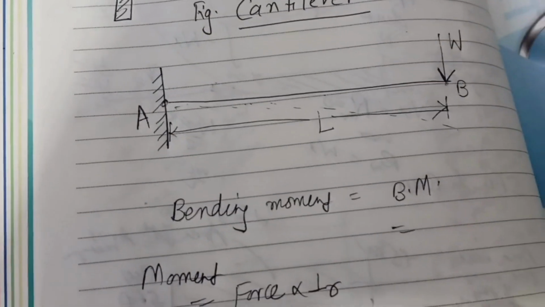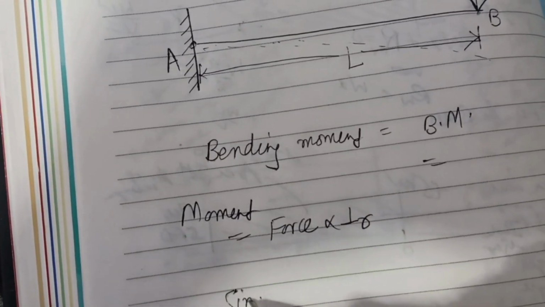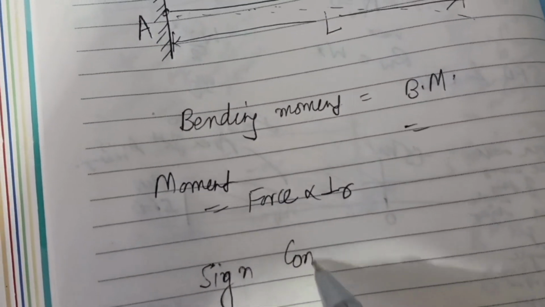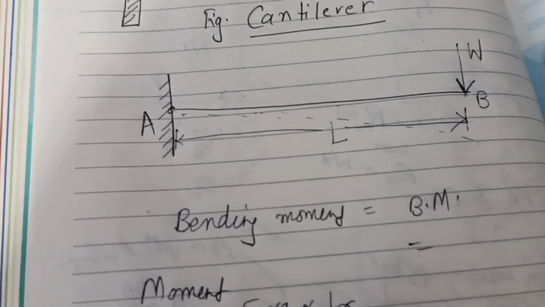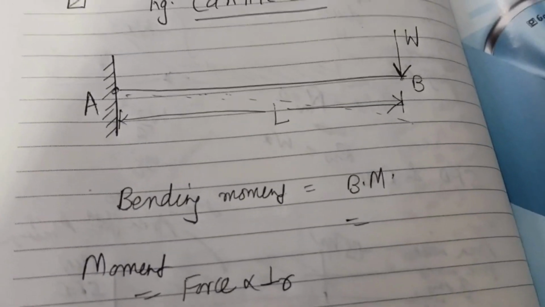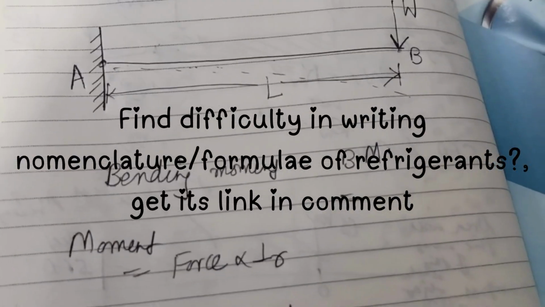And now let me give you the sign convention for shear force and bending moment. The sign convention will be negative for the downward direction.